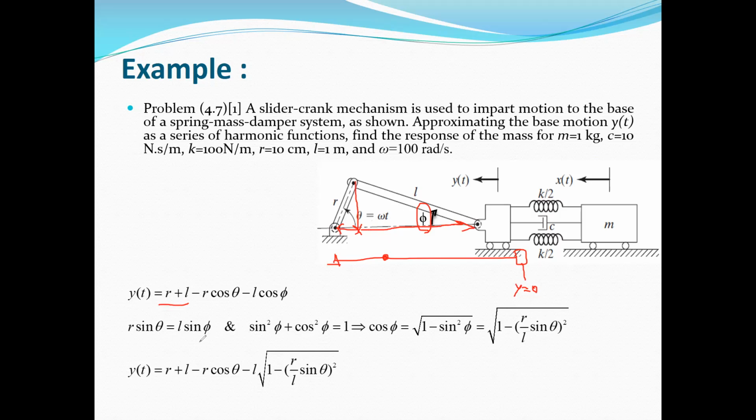And also we know that cosine phi squared plus sine phi squared is equal to 1.